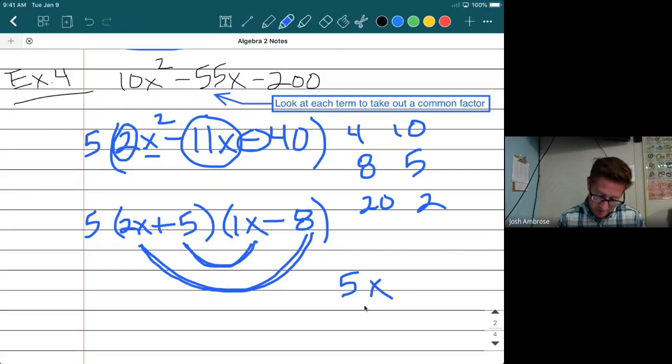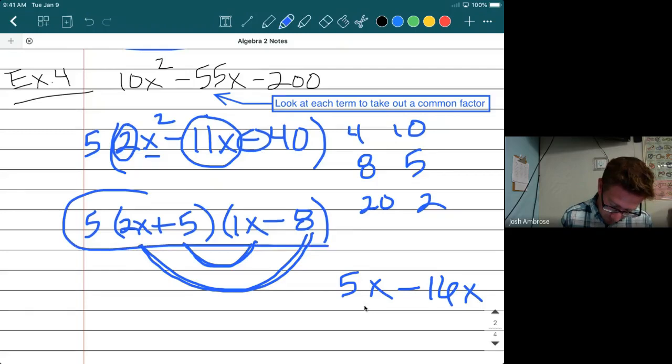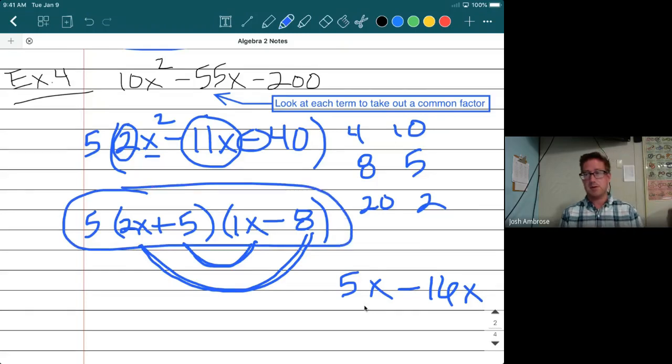So 2x and a negative 8 make a negative 16x. What is 5x minus 16x? A little bit of magic. It is negative 11x. And that is what we needed. Negative 11x is our middle term. So this right here is the final answer for the original trinomial that was given.